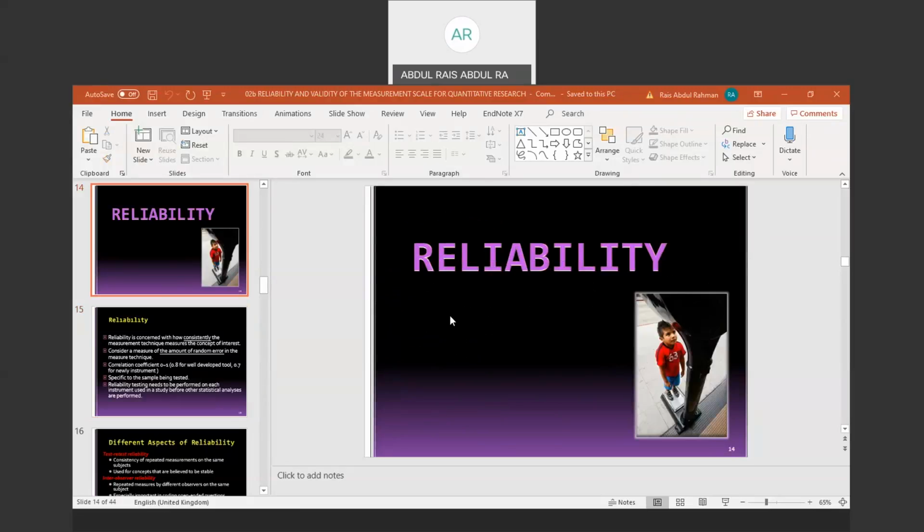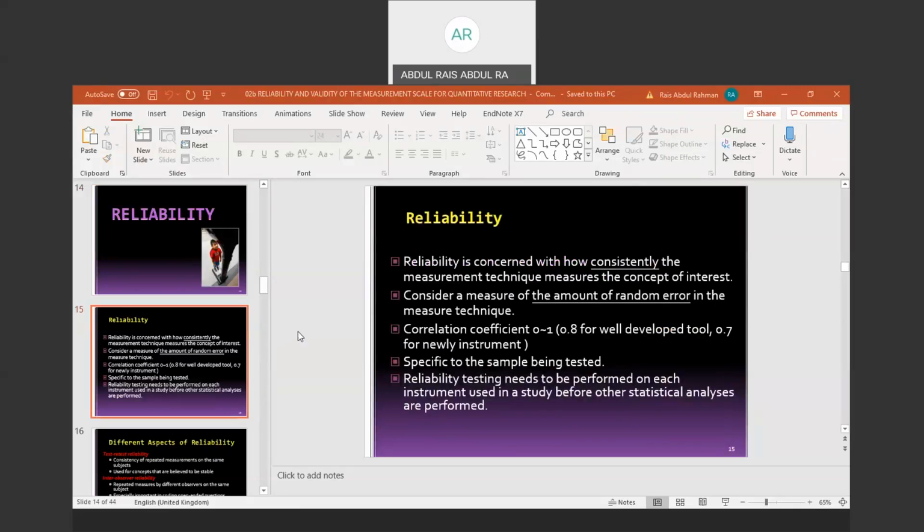Okay, we continue on about reliability. Reliability is basically how consistent the measurement technique is in measuring the concept of interest. Okay, it's considered as a measure of the amount of random error in the measurement technique.